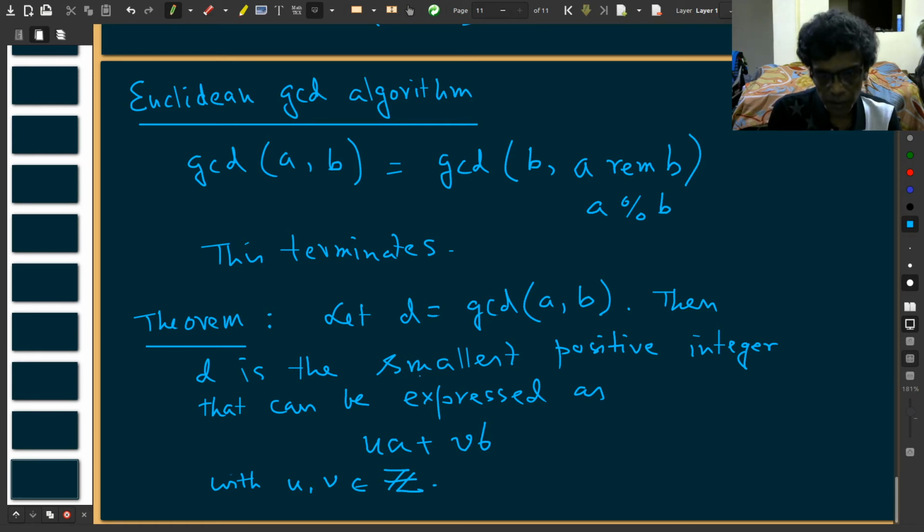But that is quite obvious, because D is the GCD of A and B, and therefore D divides A, D divides B, and therefore any sum of this form UA plus VB with U, V coming from Z is divisible by D. And therefore it follows that D is the smallest one.